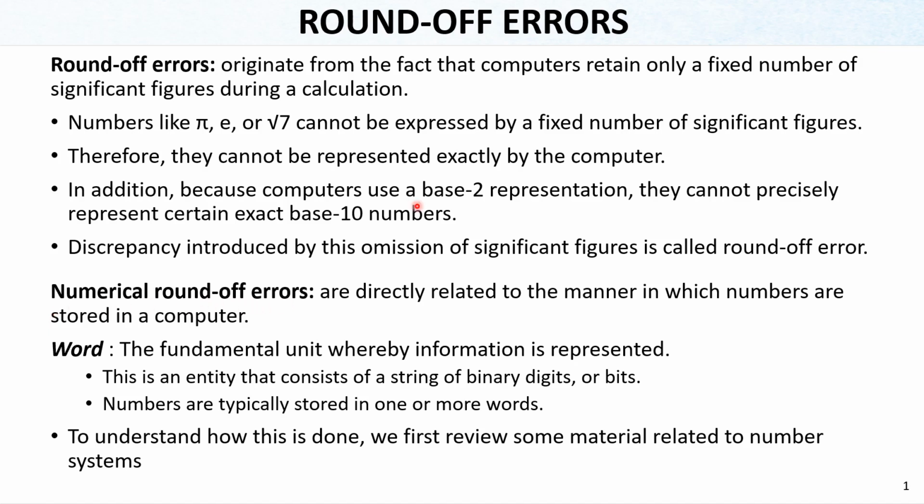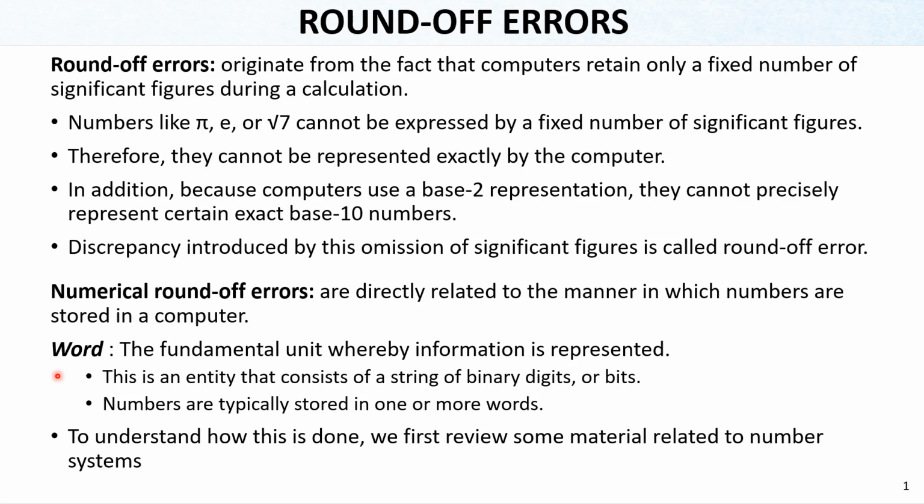To be able to define this, first we need to define the base systems, and for those we need to define the word. A word is the fundamental unit whereby information is represented on a computer. This is an entity that consists of a string of binary digits or bits. For example, in computers we have 8 bits, 16 bits, 32 bits, 64 bits.